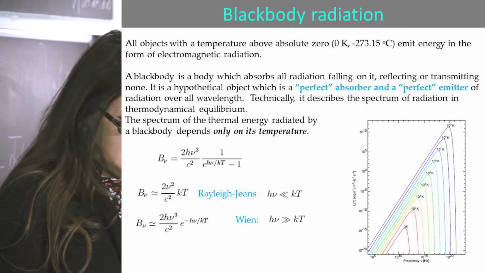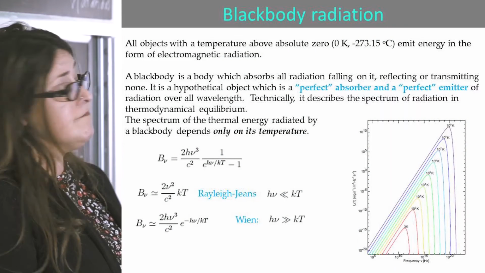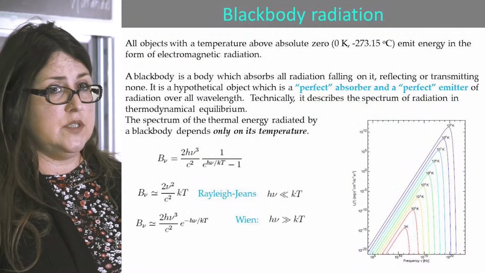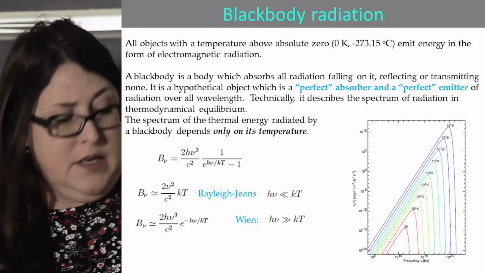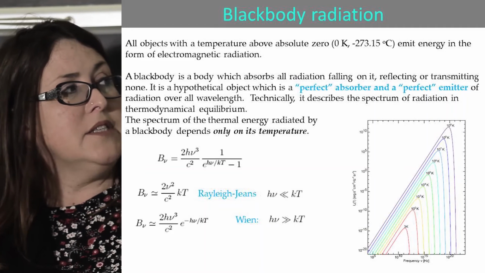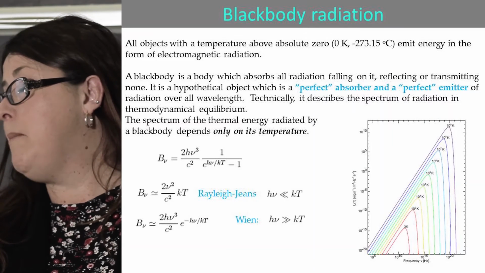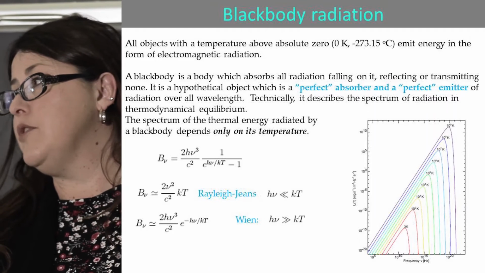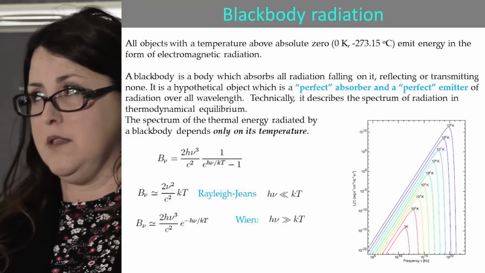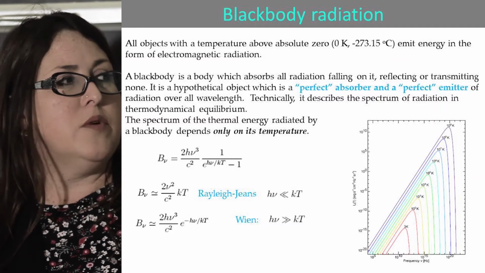The spectrum of the black body has very important properties. One of these is that the shape of the spectrum is described by this function, the so-called Planck function, which depends only on the temperature of this radiation in thermodynamical equilibrium.